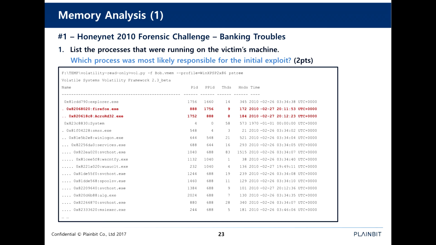The firefox.exe process is a Firefox web browser. The acrord32.exe process was opened in the Firefox web browser because the webmail was able to open the PDF file as an attachment by opening it directly or automatically opening the PDF file in the Firefox web browser. Therefore, the answer is the firefox.exe process, the parent of the acrord32.exe process.